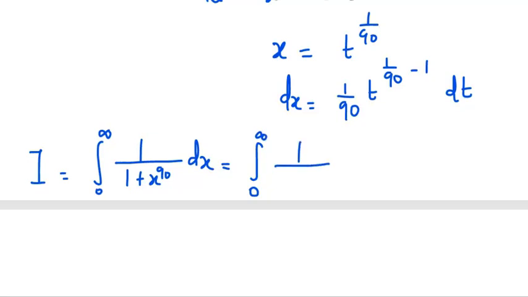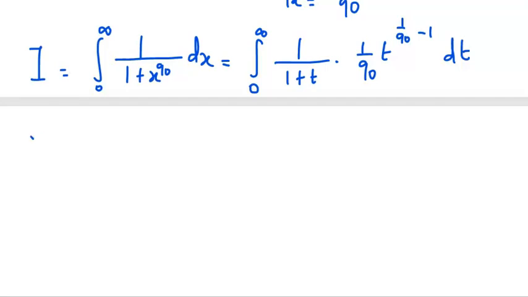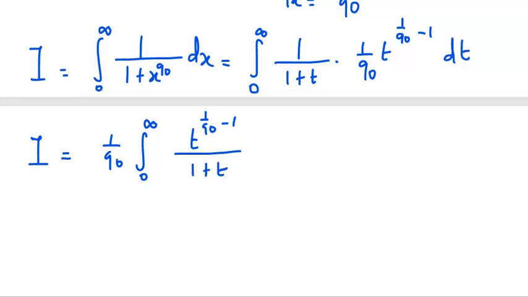Here we have 1 divided by 1 plus t, then multiplied by our dx, which is 1 divided by 90 multiplied by t raised to the power of 1 over 90 minus 1, and then we have our dt. So our I is going to be equal to 1 over 90 outside, integral from 0 to infinity, t raised to the power of 1 over 90 minus 1 divided by 1 plus t, and then we have our dt.